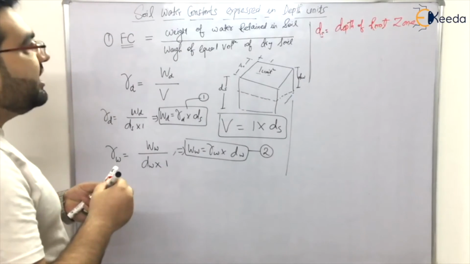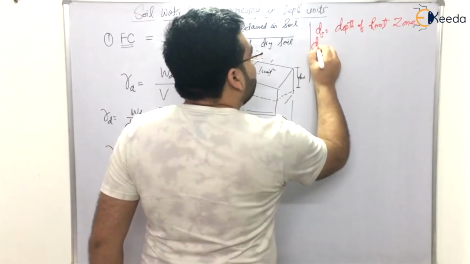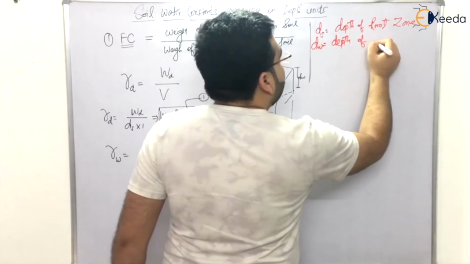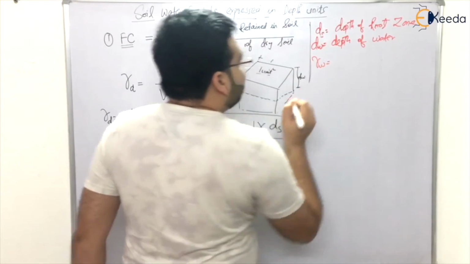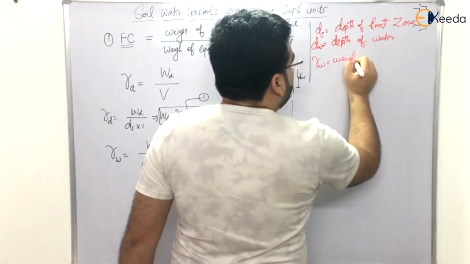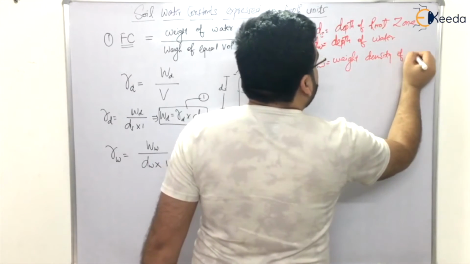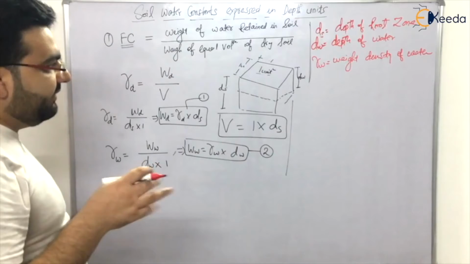So ds is the depth of the root zone and dw is the depth of water. Gamma w is the weight density of water. If weight density of water is given to you, well and good.